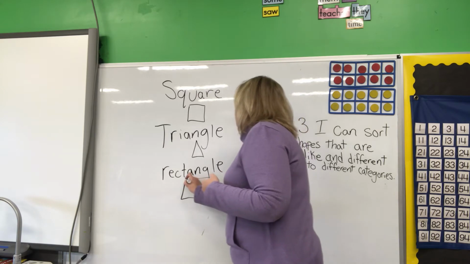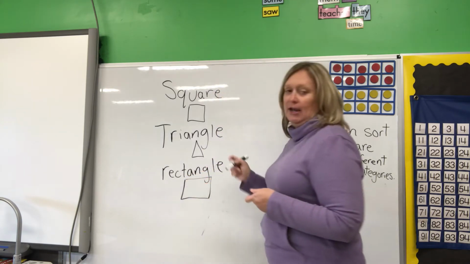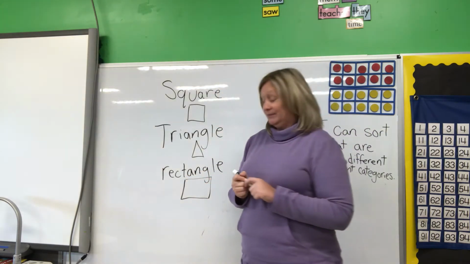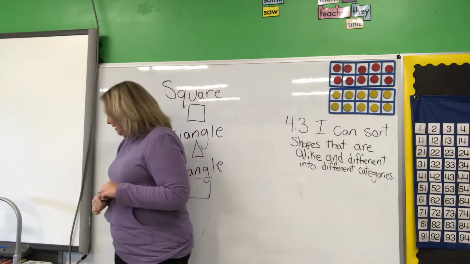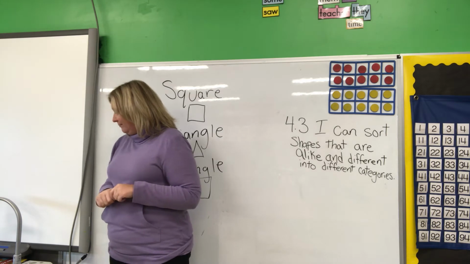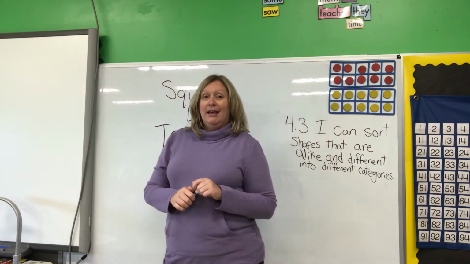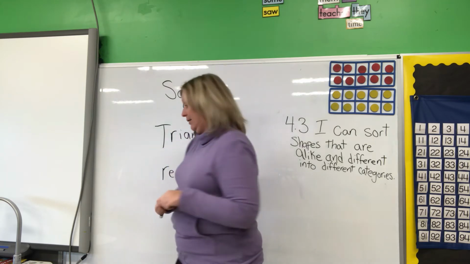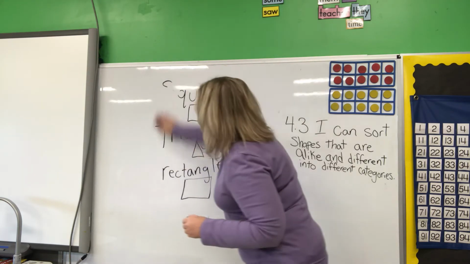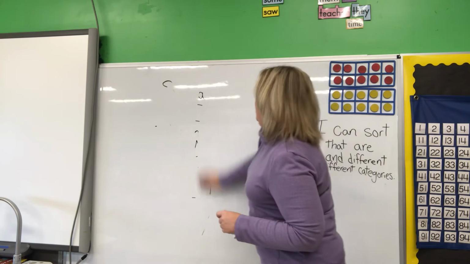Rectangle looks like this. You've talked about these 3 shapes in the last few days. Today, we're going to look at ways that they can be alike and different. Alike means how 2 things are the same.